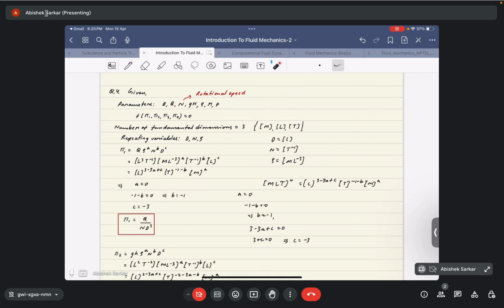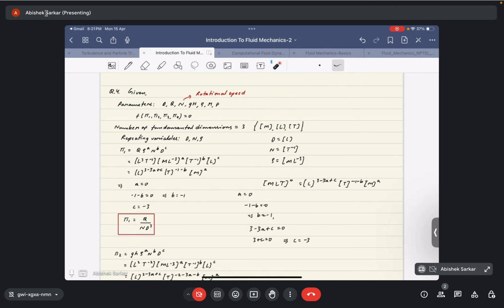Once you equate these powers, we'll have L to the power 3 minus 3a plus c, T to the power minus 1 minus b, and M to the power a. Since we know all these powers have the value of 0 on the right hand side, because this is equal to 1, being dimensionless, we have a equal to 0.